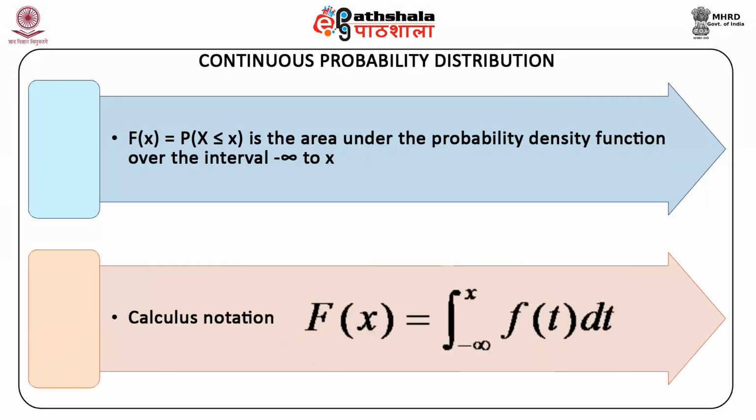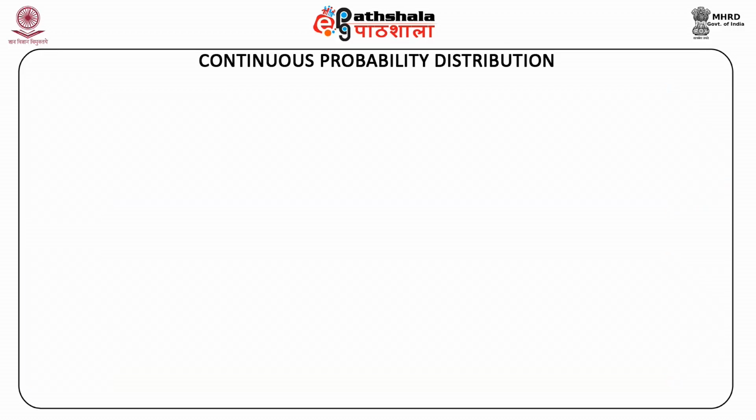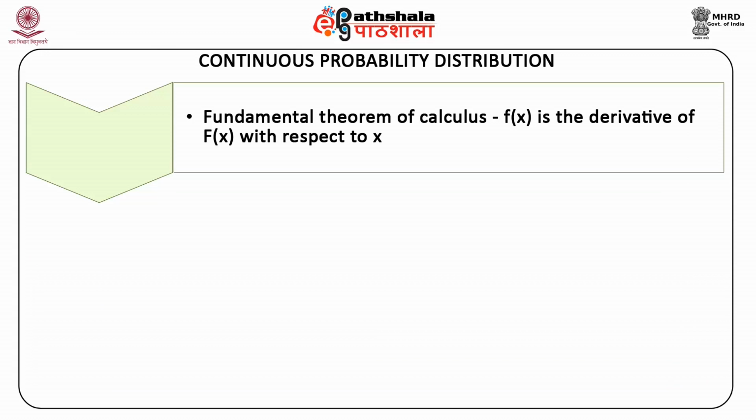In the usual calculus notation for the integral, F(x) is equal to the integral from minus infinity to x of f(t) dt. According to the fundamental theorem of calculus, it follows that f(x) is the derivative of capital F(x) with respect to x whenever this derivative exists.